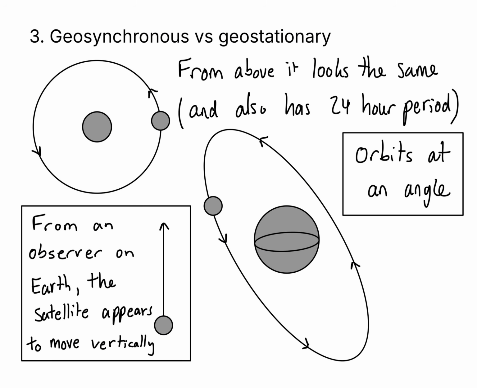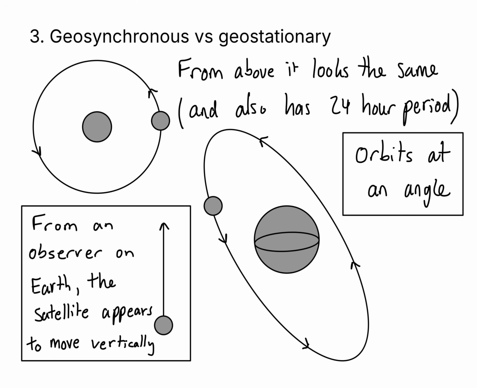A related but slightly different word, geosynchronous. That just means synchronized with the Earth's rotation, a 24-hour period, but it need not sit above the equator, so it doesn't stay fixed over one spot. It comes back to the same place each day, but wanders in between. So every geostationary satellite is geosynchronous, but not the other way around.